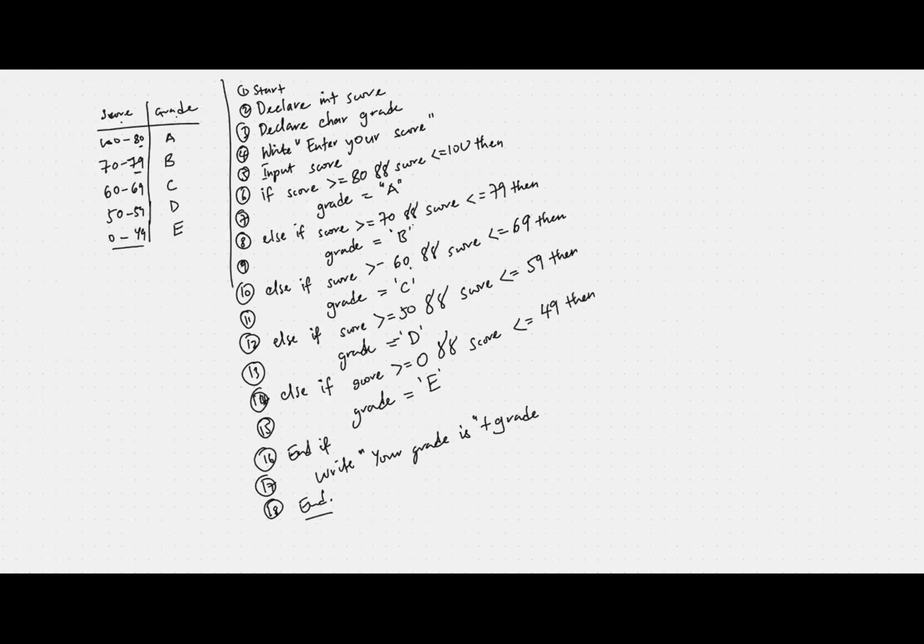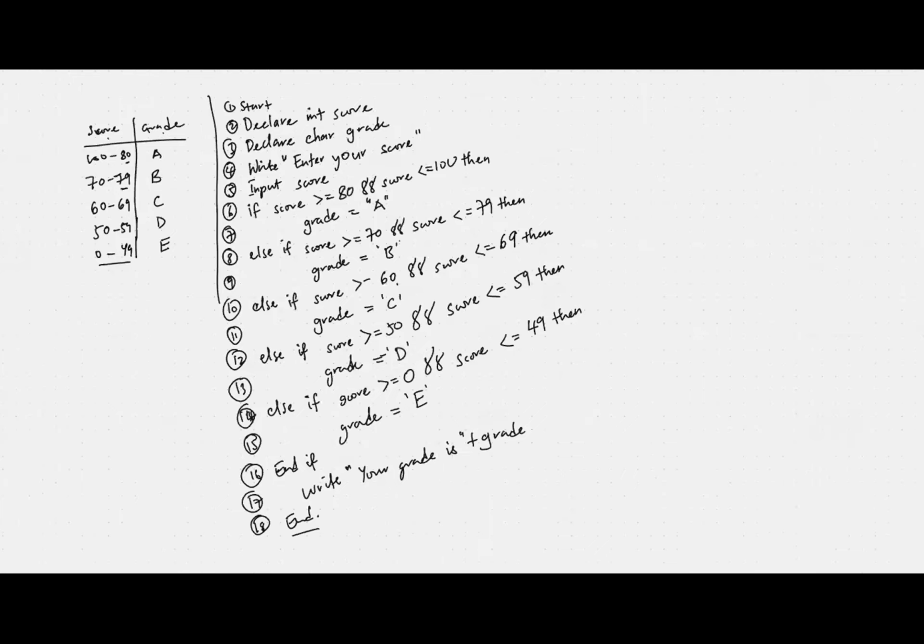Yeah, it's okay, sir. Okay, so you can see the if score, and then the else if score, and the else if score, and the else if score, and another else if score. And then finally, when we are done with all the options, we can see the output statement.